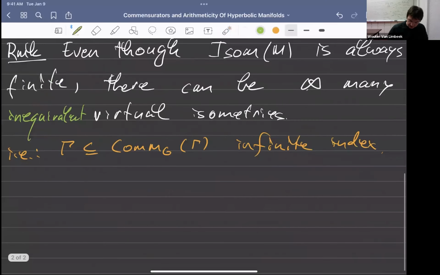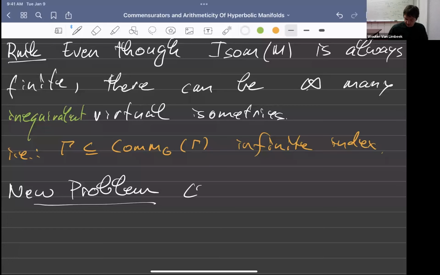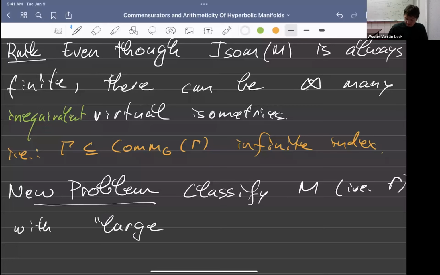So my new problem that I want to discuss today is to classify M, or what is the same, classify gamma with a large commensurator.